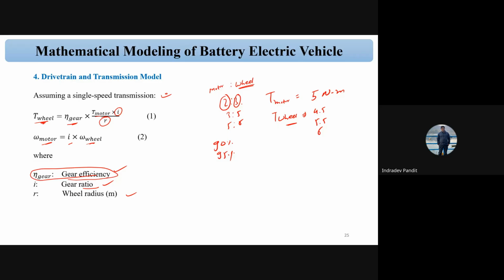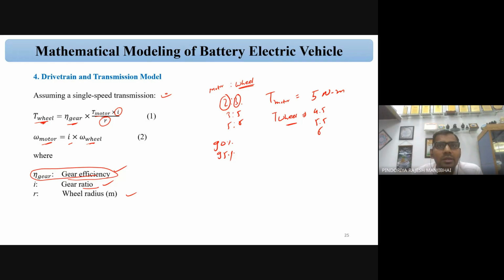The position sensor is the Hall effect sensor; the Hall effect sensor and the speed sensor are different. The position sensor only sees the position of the rotor.